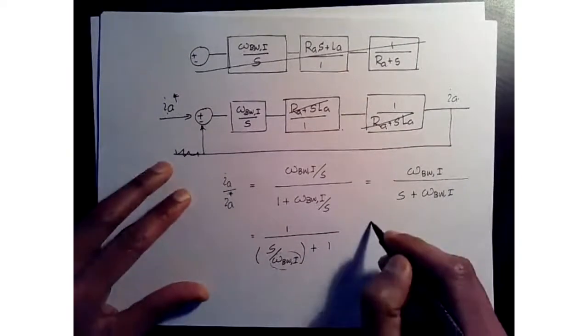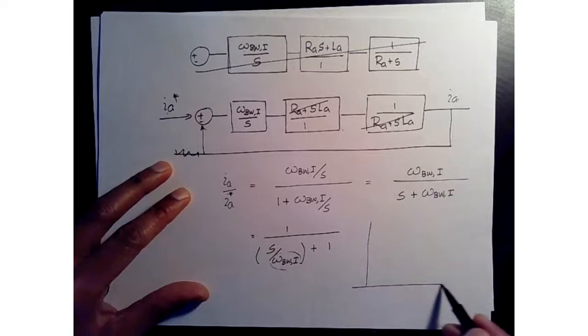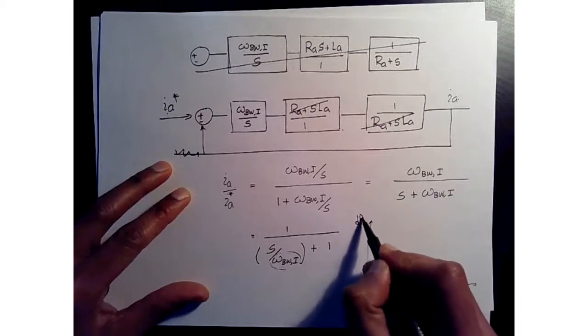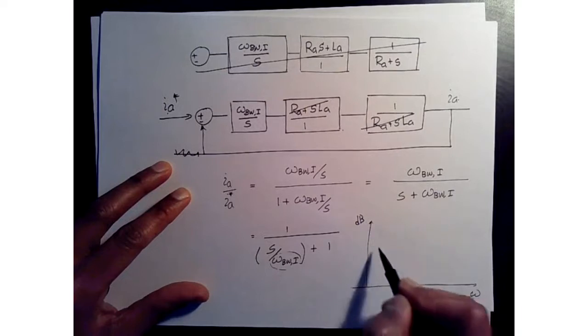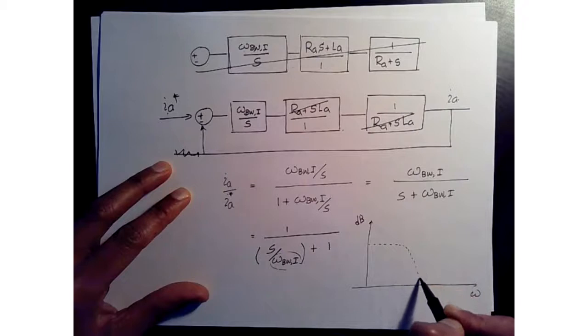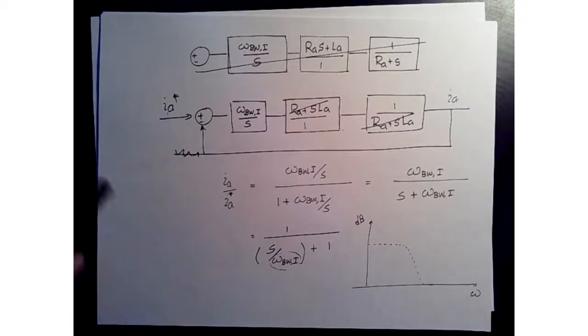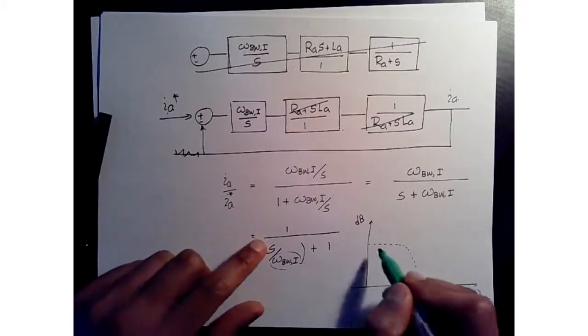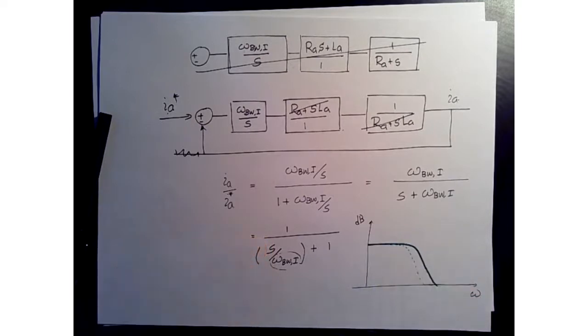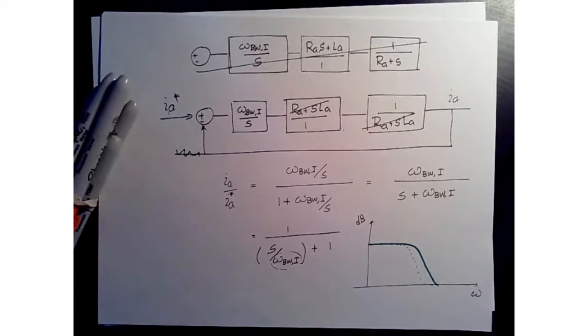Okay, so let's say we look at our system. This is in dB, this is in omega. Our original motor may have been a system like that. Now by selecting bandwidth, you can either move it slightly ahead, or you can even retract it.